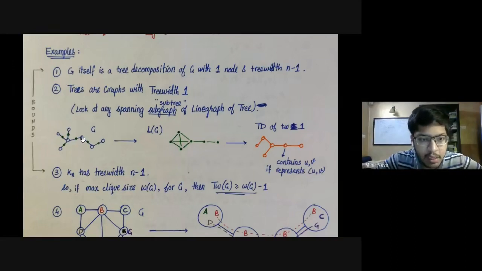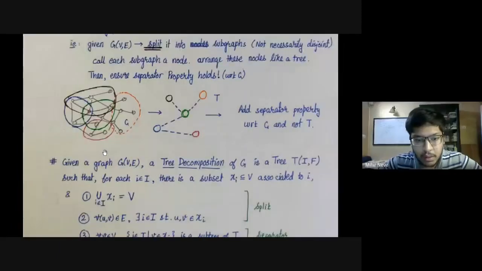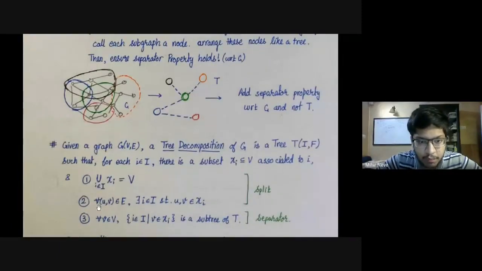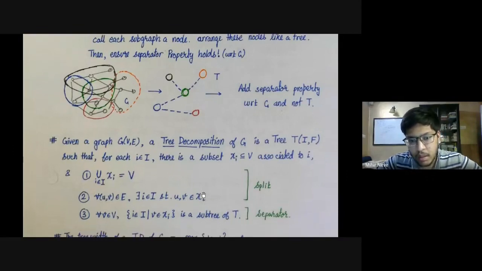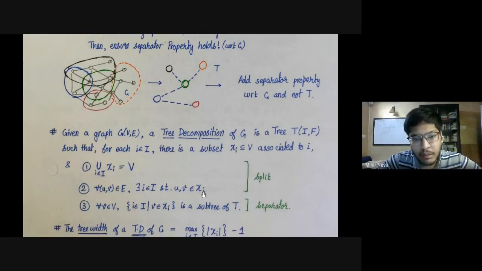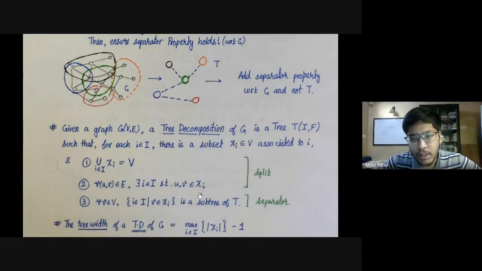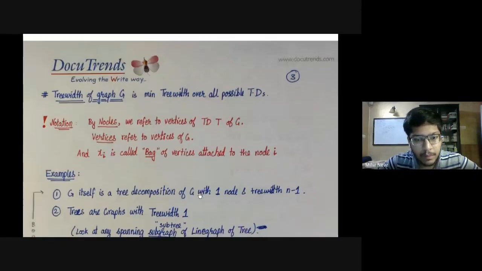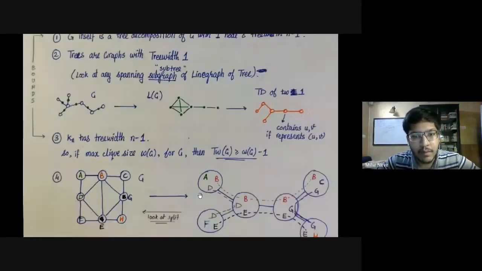In that case, look at this edge. The second property says that if this is an edge, then its endpoints should be present in the same node. Right? The second axiom says that if UV is an edge, then there is some node of that tree decomposition such that both U and V lie inside its bag. So if there is at least one edge, then the bag size will be at least 2. Correct. Hence trees have tree width 1.